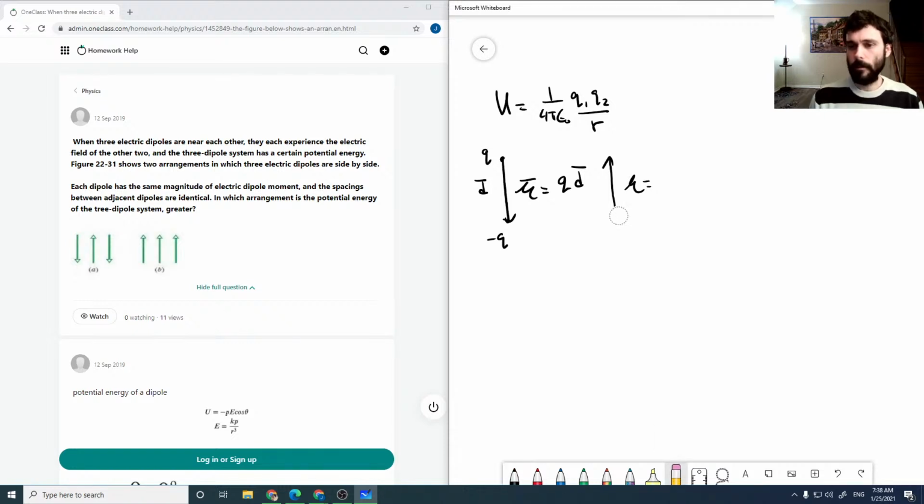Okay, so then the potential energy due to two interacting dipoles is a little bit more complex, where our displacement or distance R goes between the two dipoles.